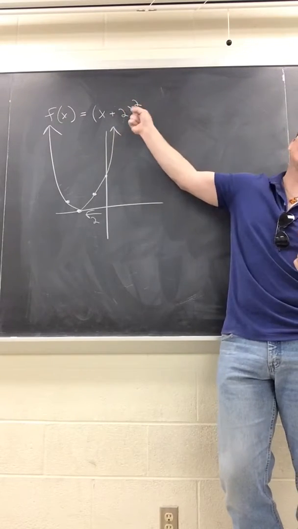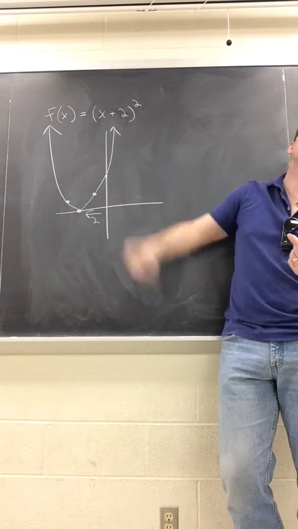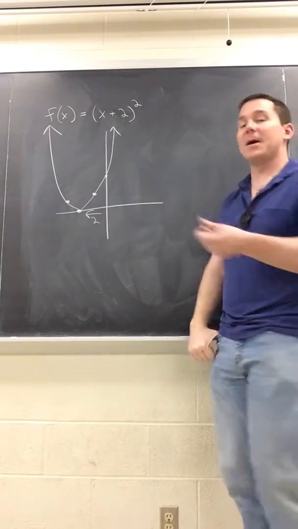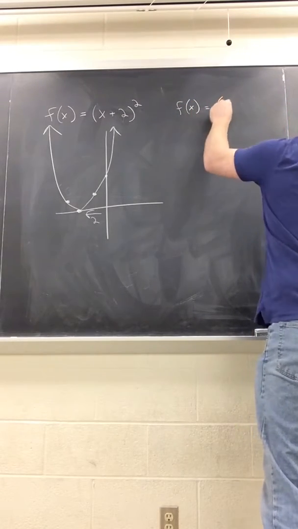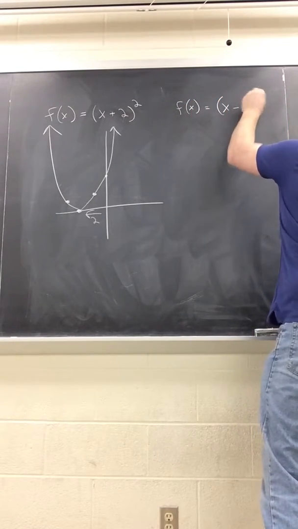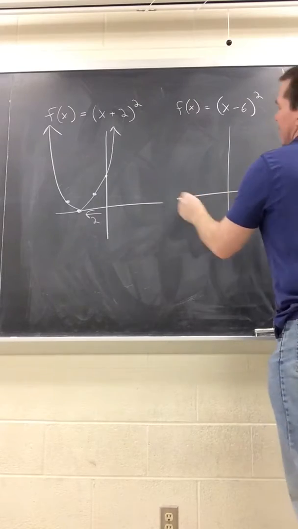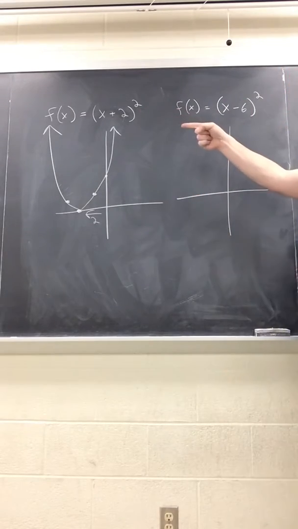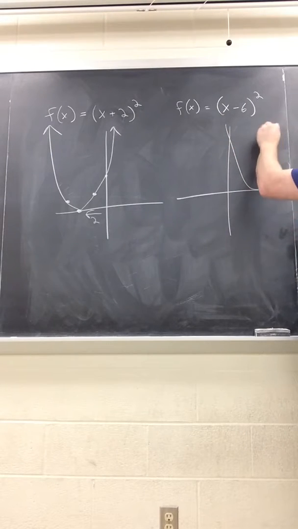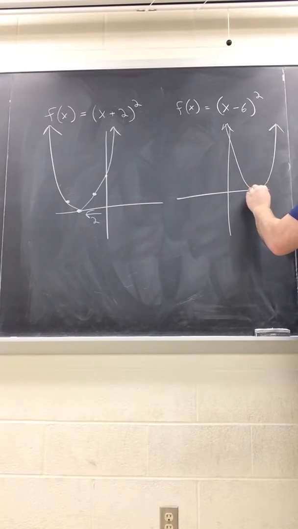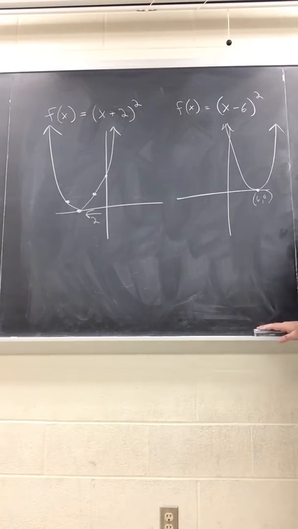But when you add inside of a function, everything is reversed, so you go to the left. So if you have something like f of x equals x minus 6 squared, well, if adding 2 made me go 2 to the left, subtracting 6 will make me go 6 to the right. And this will be the point 6, 0.